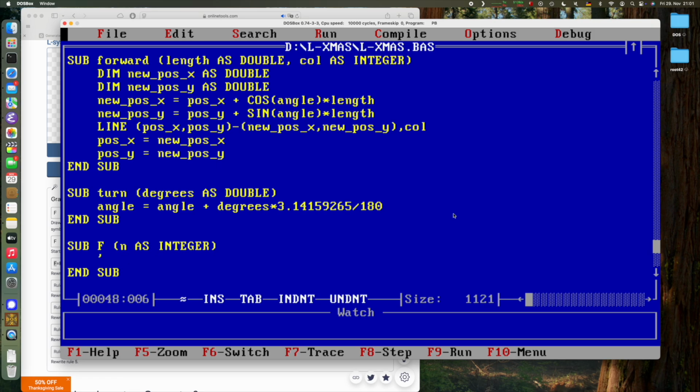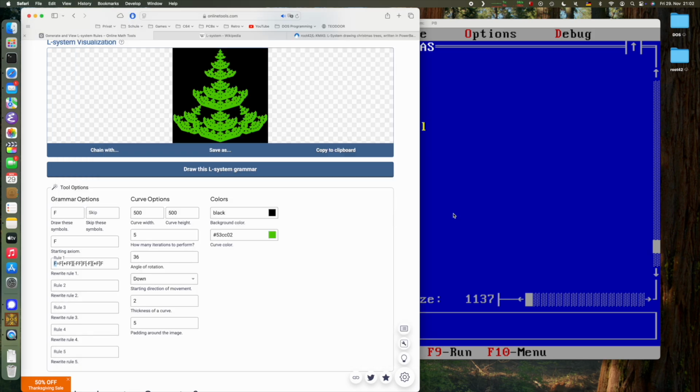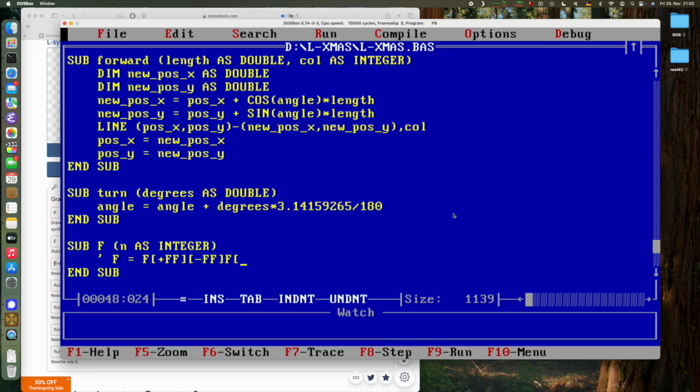And our formula is supposed to be f push plus ff, pop, push minus ff, pop, then f, pop, push minus f, pop, push, pop, push, pop, push, I think, yes, plus f and f.